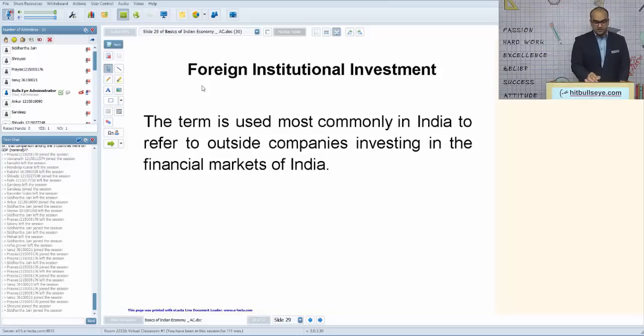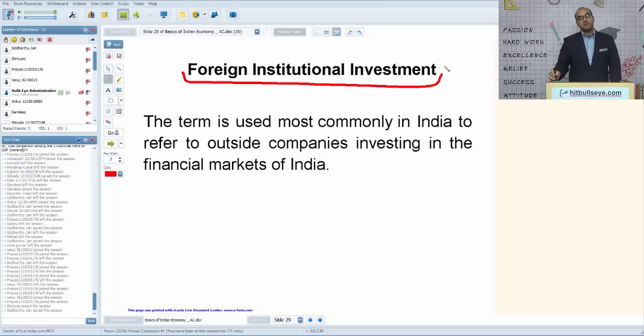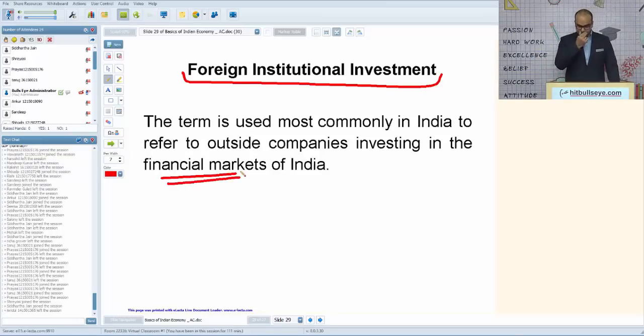So these are foreigners or people based outside of the country who invest only for a short term, only in the financial markets of the country. So let us say if the share market is down for some reason, FIIs will come in and purchase a large number of shares. When the share market does go up, then they will take away that money. So naturally, FII is not a very reliable source of foreign exchange because they can take out their money in a very easy manner.